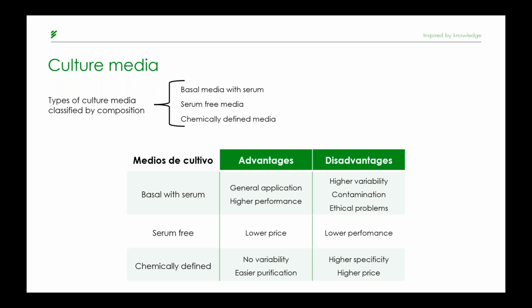Since then, it was the main additive, the main supplement in culture media. This is because it can be used for any kind of culture media or cell line, and has a high performance in the density of cells and the yield of product obtained.